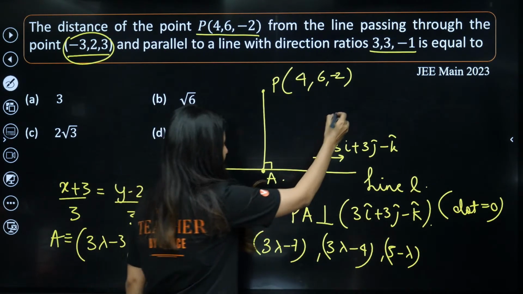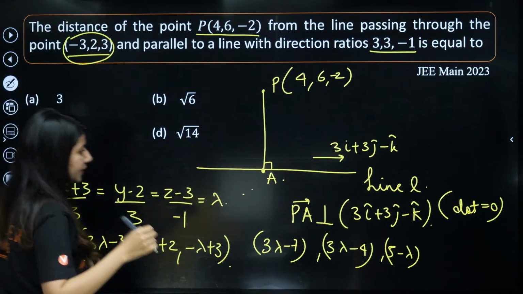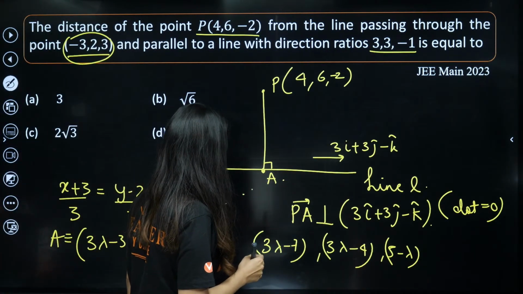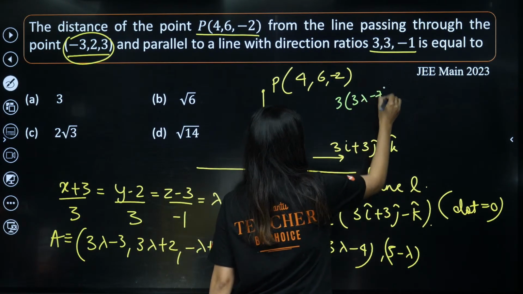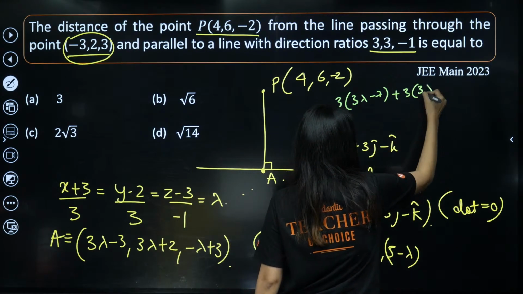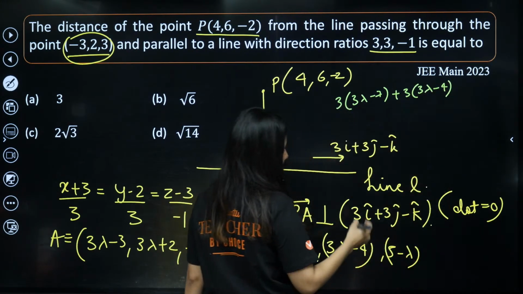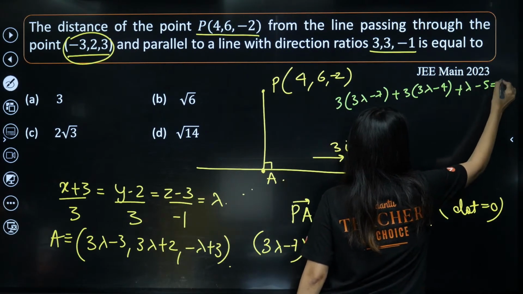What do you get? Let me do it over here. Taking the dot product equal to 0, this would be 3 times 3 lambda minus 7, plus 3 times 3 lambda minus 4, and minus 1 times, so that would be plus lambda minus 5, is equal to 0.